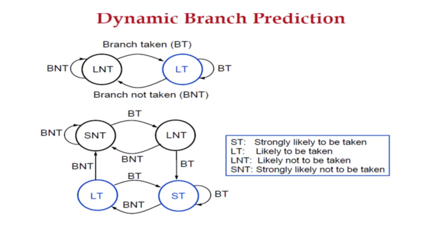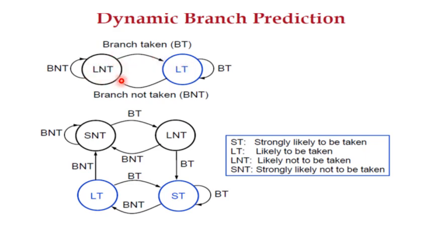Hence, the algorithm may be described by two state mechanisms: LT, branch likely to be taken, and LNT, branch likely not to be taken.